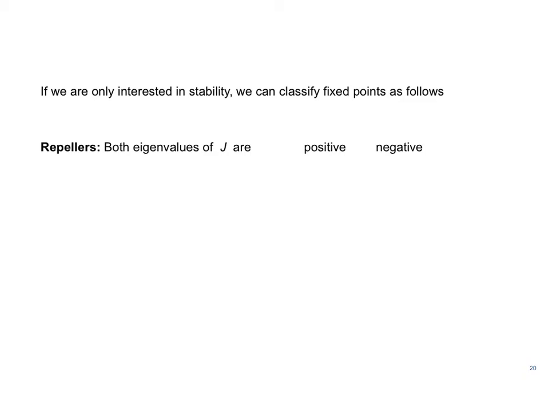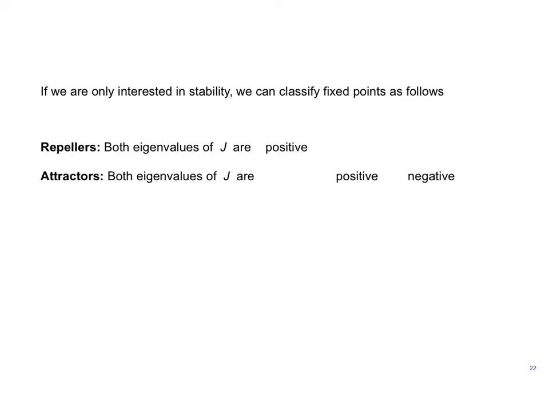So this is simple. We have repellers. In that case, we will have a Jacobian with two eigenvalues, because we have two dimensions. The eigenvalues will be positive. And the attractors are actually the contrary: they will be negative.